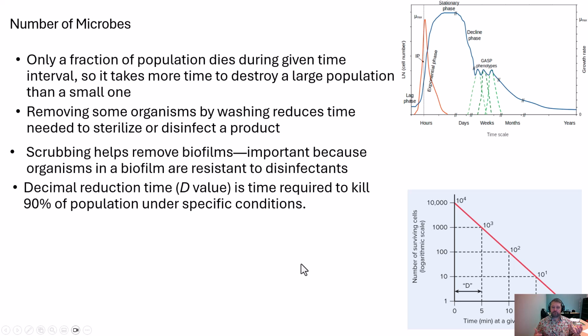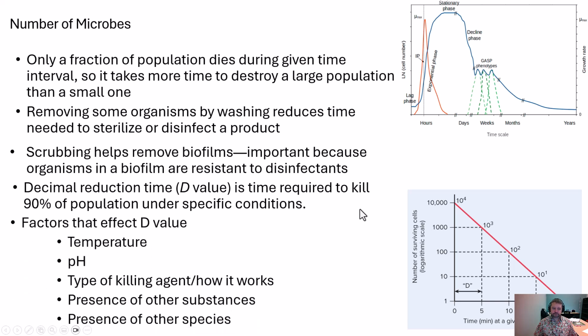I mean, we can do this based on different chemicals too, and so it's just a way at which we can put an actual value on the ability to destroy a microorganism population, or at least reduce it to a manageable number typically.